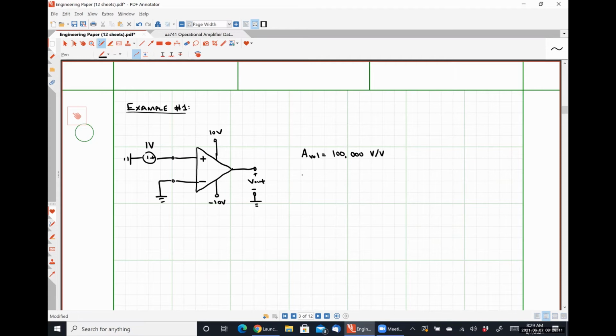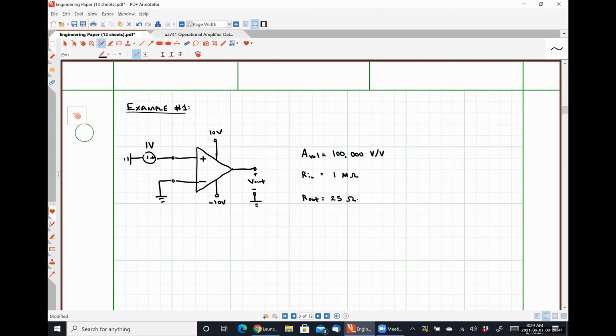Our input resistance, let's call that 1 megaohm, and our output resistance, let's say, is 25 ohms. So this input resistance of 1 megaohm is actually fairly characteristic, maybe a little bit small for a bipolar junction transistor based op-amp.